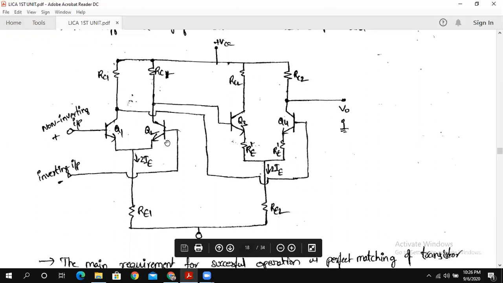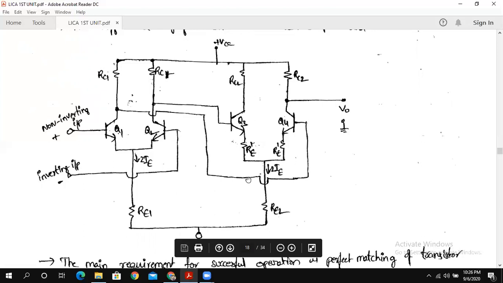So this is dual input. If the output is taken between the collectors of the two transistors, then it is said to be balanced. Here you can observe that we take the output across the two collectors of the two transistors. So this is one transistor and this is another transistor. So we can say that this is a balanced output. The first stage is nothing but the dual input balanced output differential amplifier stage.